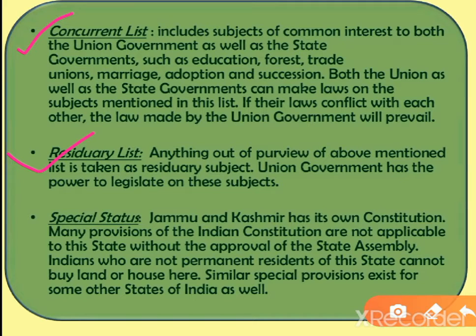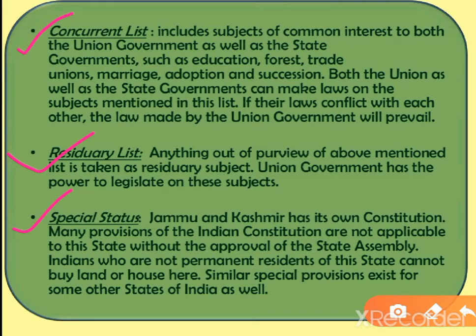Next is the special status type of list. For example, Jammu and Kashmir has its own constitution. Before last year, Jammu and Kashmir had its own constitutional laws. Many provisions of the Indian constitution were not applicable to this state without the approval of the state assembly.